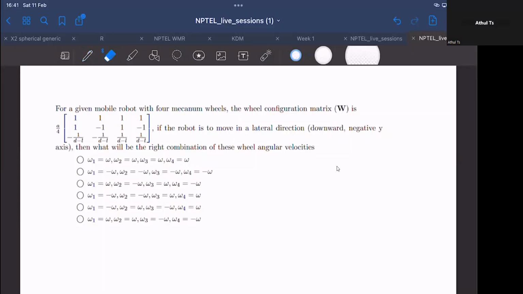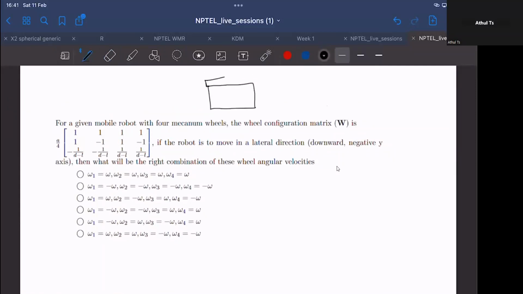So again, reproducing the mecanum wheel robot, it will have a robot chassis, 4 wheels, and all the 4 wheels will have passive rollers.